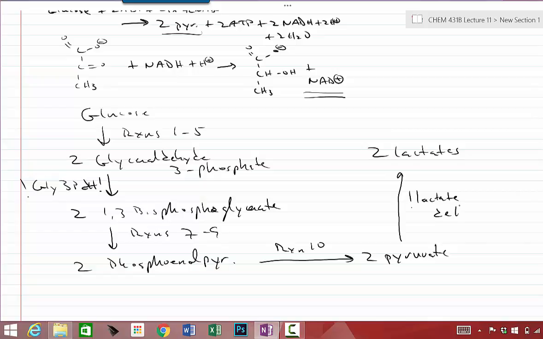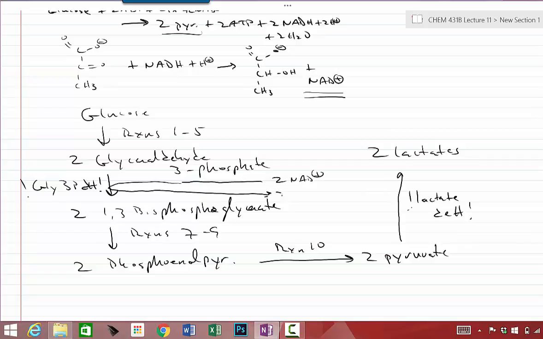Lactate dehydrogenase. I put these exclamation points around so you know that's an enzyme. Okay. And what cycles between these two is you have 2 molecules of NAD plus, and that's necessary for reaction number 6 in glycolysis, glyceraldehyde 3-phosphate dehydrogenase.